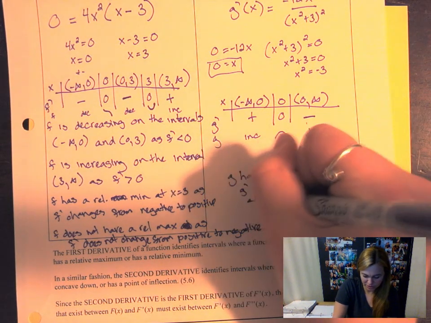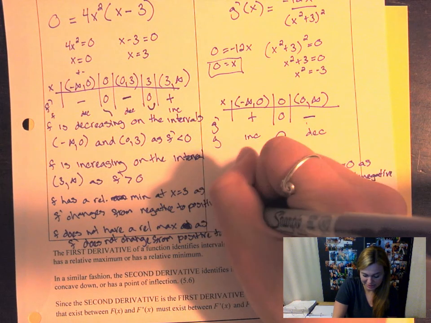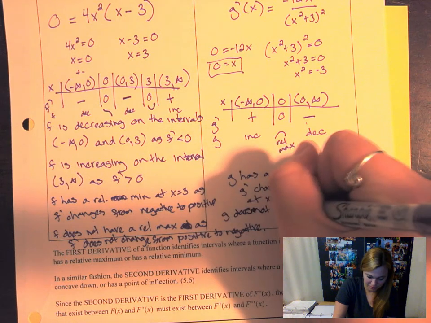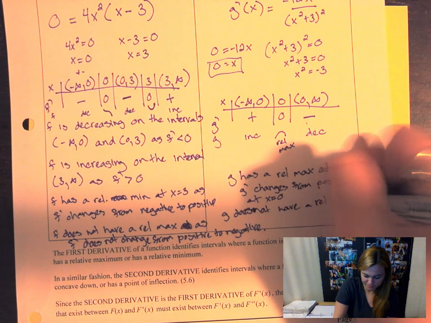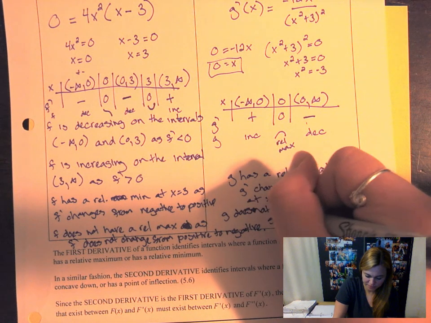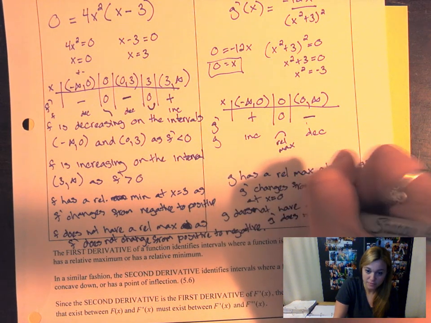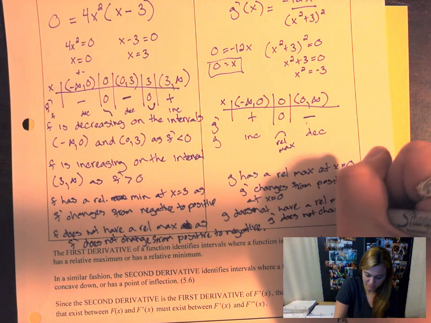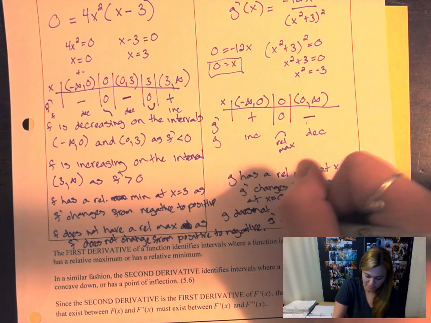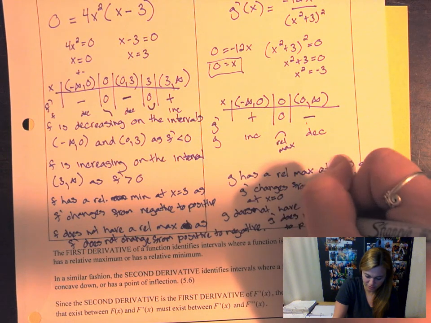At x equals 0, g does not have a relative min as g prime does not change from negative to positive. Oh, I'm running out of room. I'm going to do it on the side.